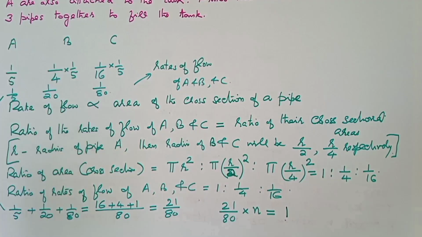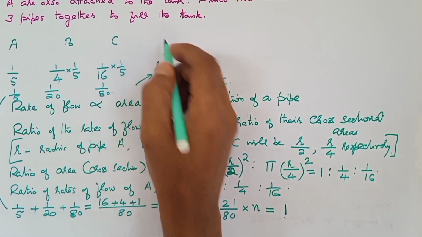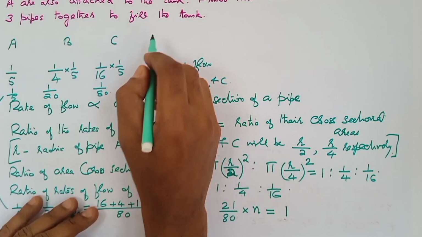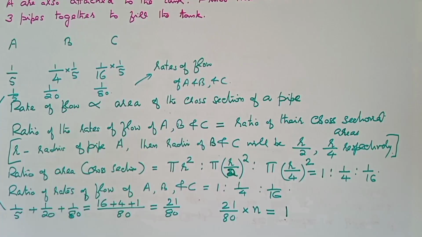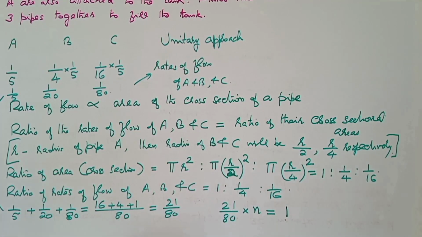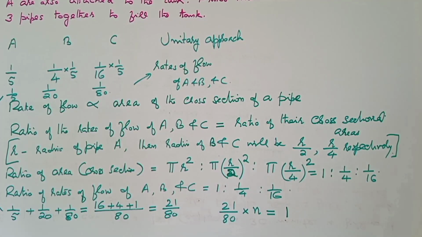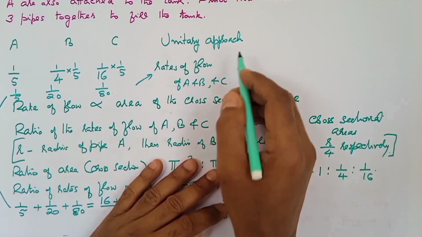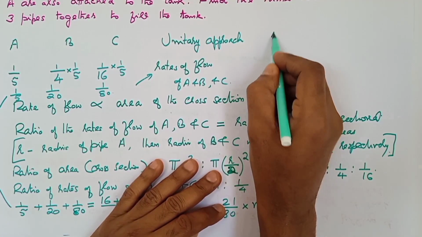I forgot to mention something. Like I said, there are two approaches, the LCM method and the unitary approach. In this problem, we have used the unitary approach. Go through my previous videos detailing the difference between the unitary approach and the LCM method. The link to the video is given in the description below for your reference. In the unitary approach, we take the total volume of the tank as 1.